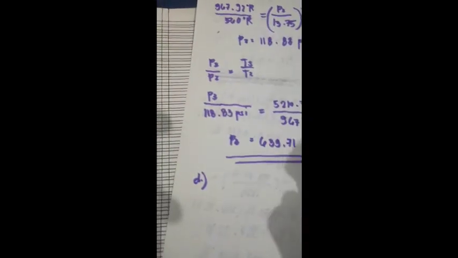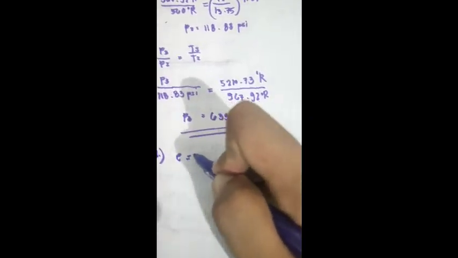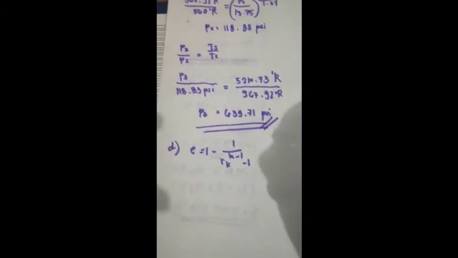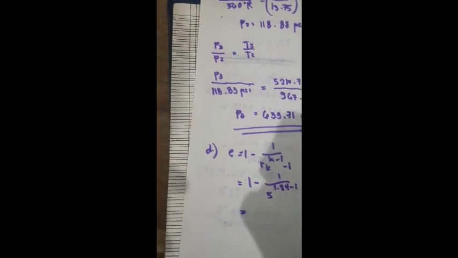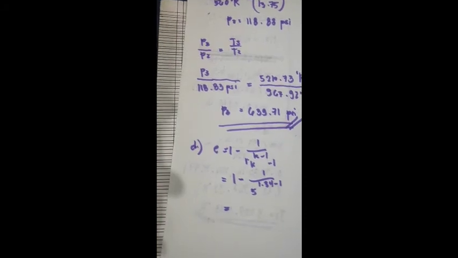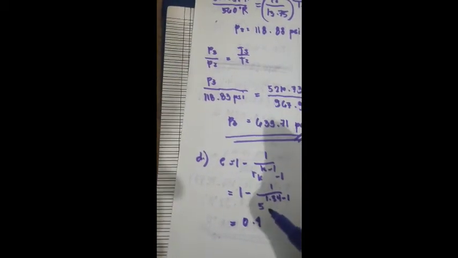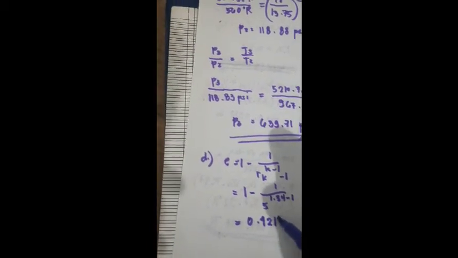The next one is finding the efficiency of the engine. By using the formula E is equal to 1 minus 1 over rk raised to k minus 1, you will find the efficiency is equal to 1 minus 1 over 5 raised to 1.34 minus 1, which is equal to 0.4214.